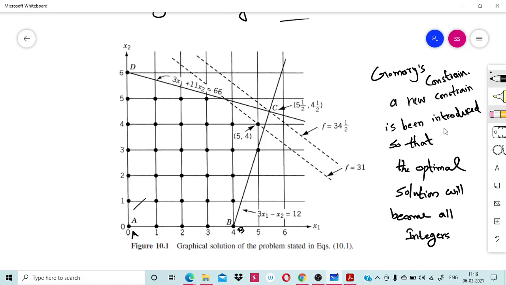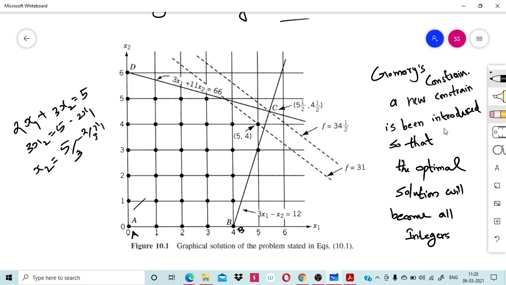The Gomory constraint will look something like 2x1 plus 3x2 equal to 5. This is 3x2 equal to 5 minus 2x1, so x2 equals 5 by 3 minus 2 by 3 x1. This represents a line.